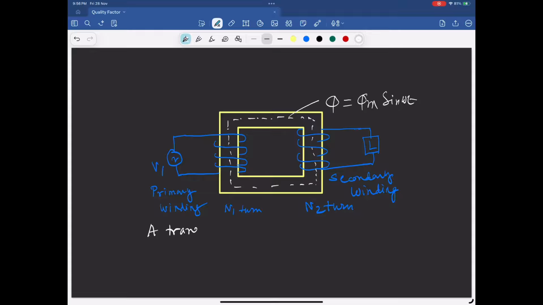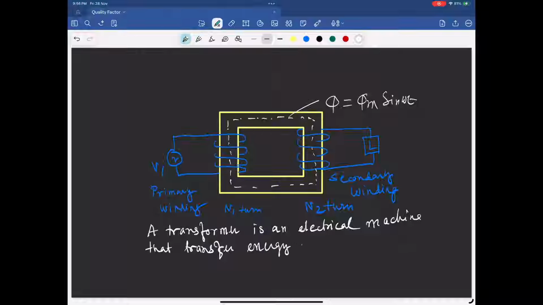This alternating flux links the primary winding as well as the secondary winding. According to Faraday's law of electromagnetic induction, the changing magnetic flux induces EMF E1 in the primary winding and E2 in the secondary winding. This way the power is transferred from primary winding to secondary winding.